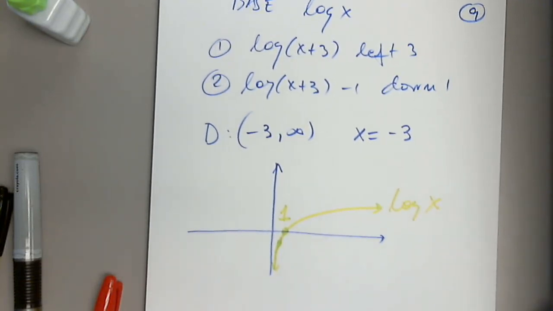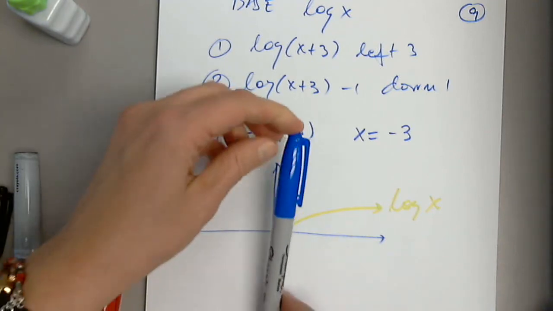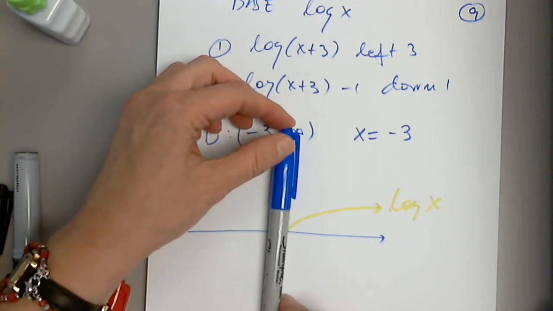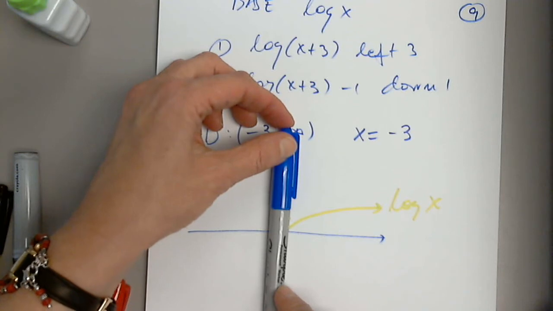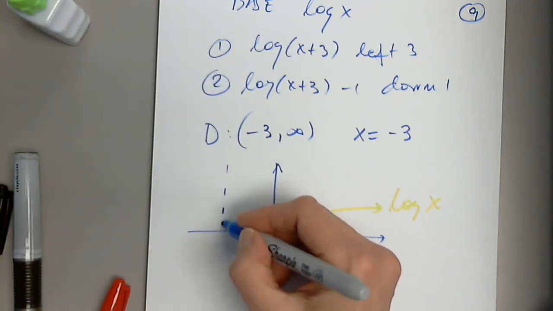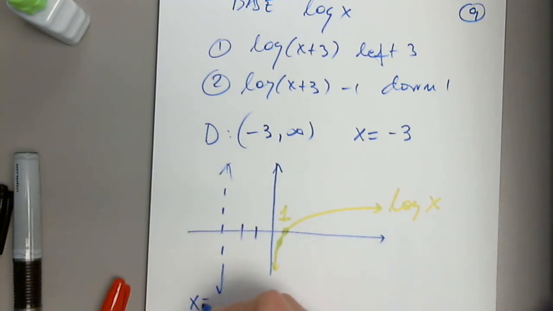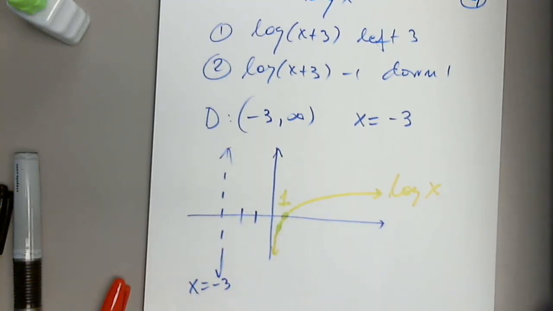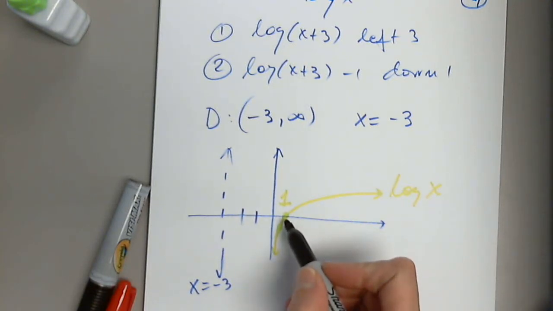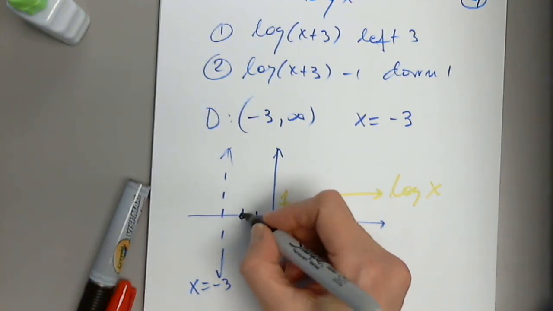Excellent. Well done. So now you told me to move it where? Left 3. Good. But the vertical asymptote for this function is at 0. I have to move the asymptote first. So now, where do I move my indicator? Very good, right here.